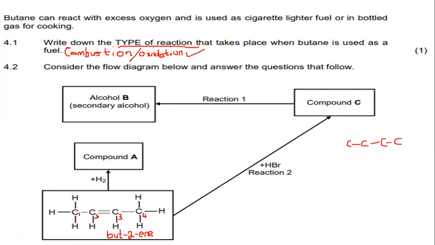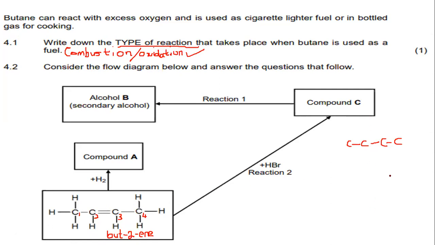Now, can you see between carbon 2 and 3, this carbon and this carbon, I have broken the double bond. Why? Because butene is my reactant altogether, and it's reacting with HBr. The mere fact that butene is reacting means this is a reaction of an alkene, and we know for our syllabus, alkenes will definitely undergo addition. So the double bond breaks.